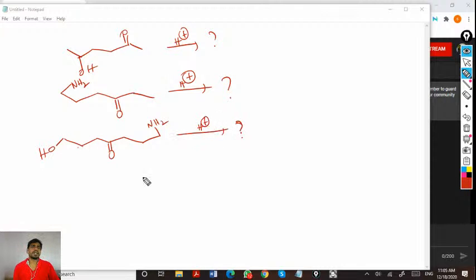If this is the case, whichever is more nucleophilic will attack the carbonyl faster.